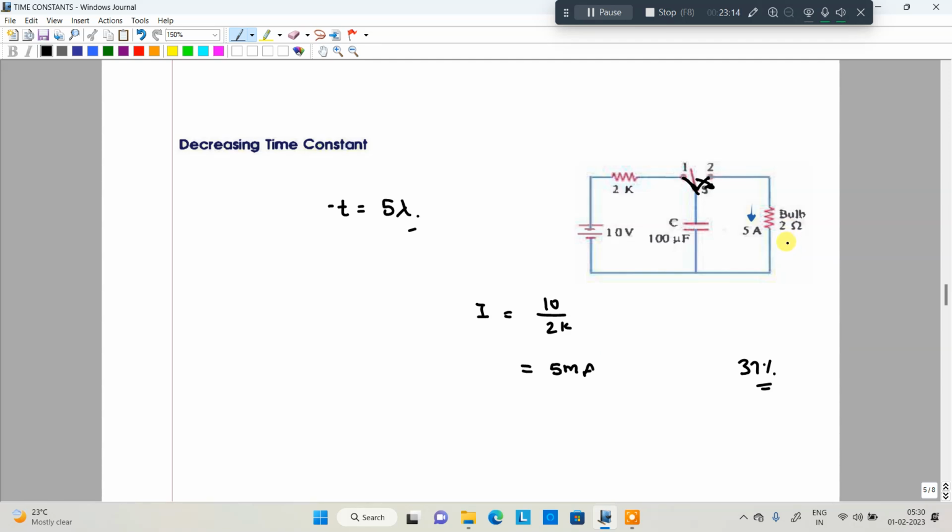Up to that, the capacitor is going to discharge. Again you switch on the power supply to this particular one. Again it is charging. Again you move to point number 2. Again it is discharging through the bulb. So this is the decaying time constant. In this particular way I am going to calculate the five time constant value.